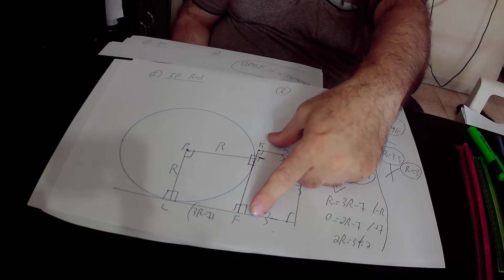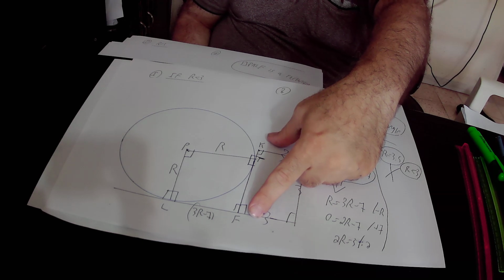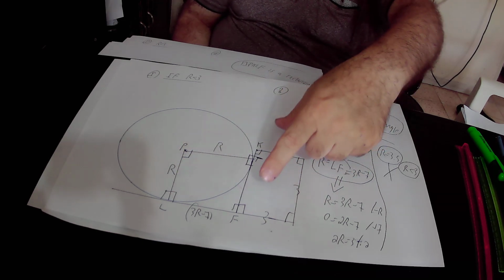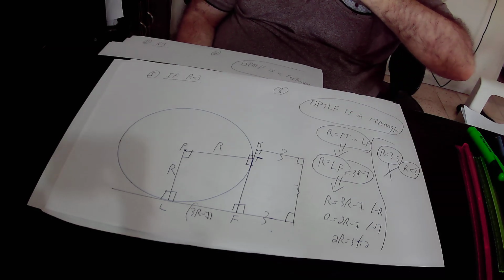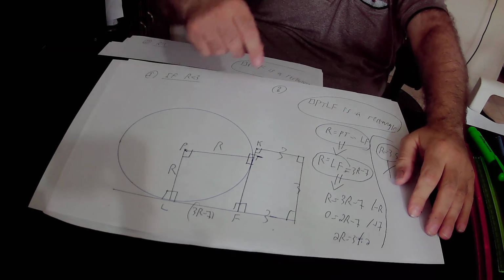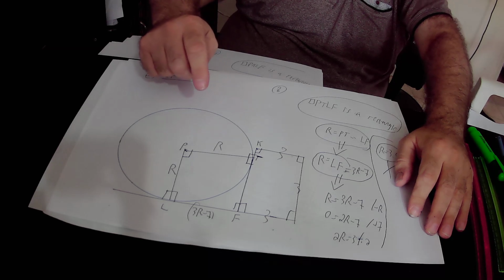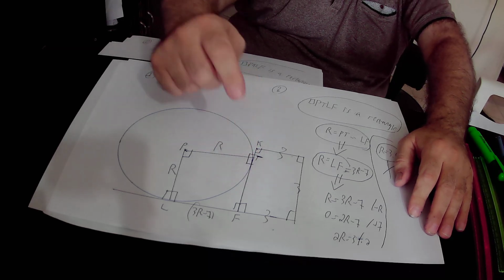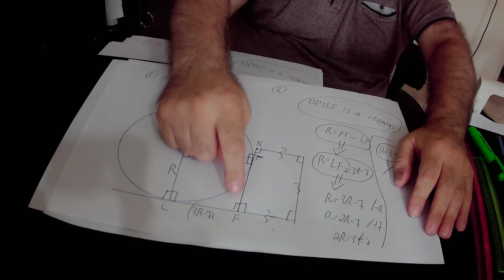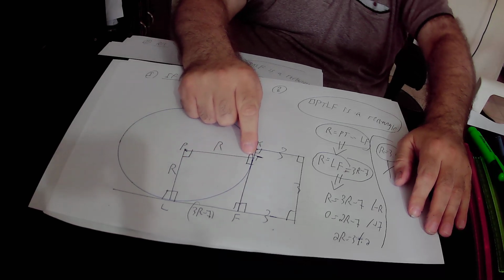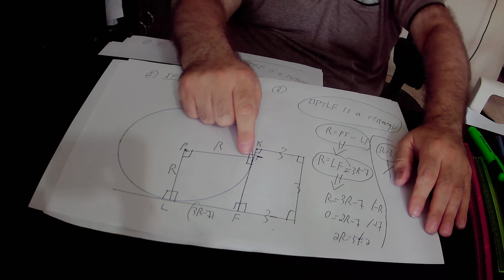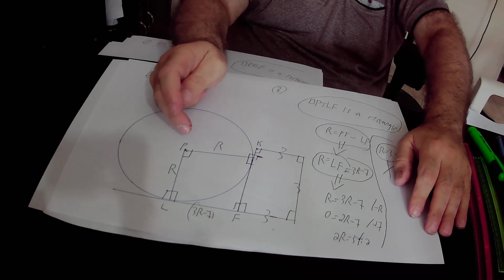So here the side length of the square will be higher than the radius, because the radius is less than 3 units. So here we have 1, 2, 3 right angles. Why does this angle equal 90 degrees? It is equal to 90 degrees according to rule number 1.